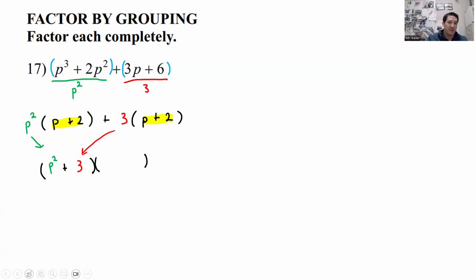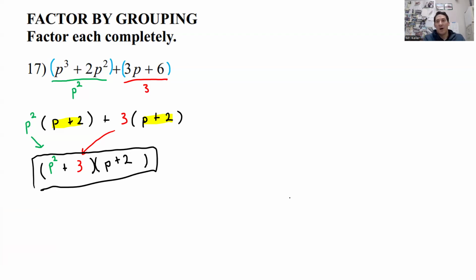And then the next factor is just the p plus 2. And those are our two binomials. If we were to multiply this out, either using FOIL or distributing or the box that we've gone over in the past, we would get this original. So the 4-term polynomial factors into two binomials here. And that's how that works.